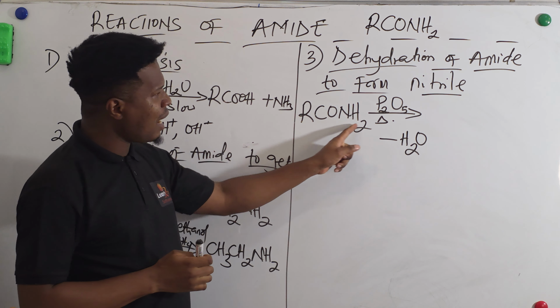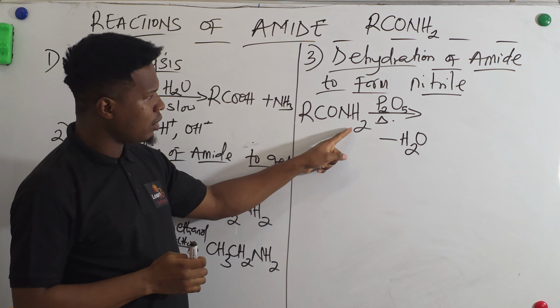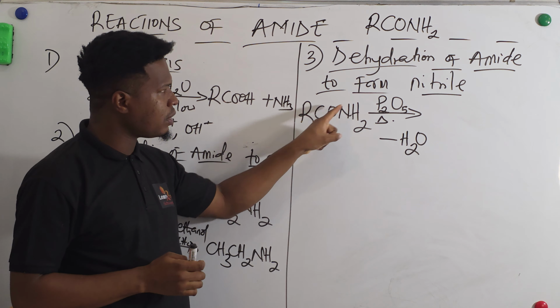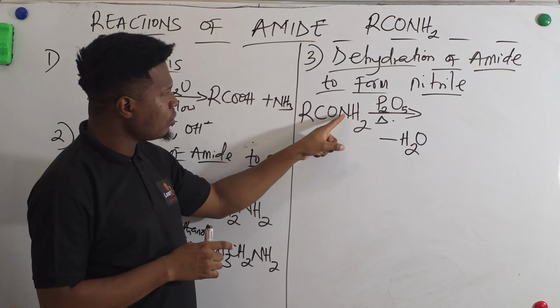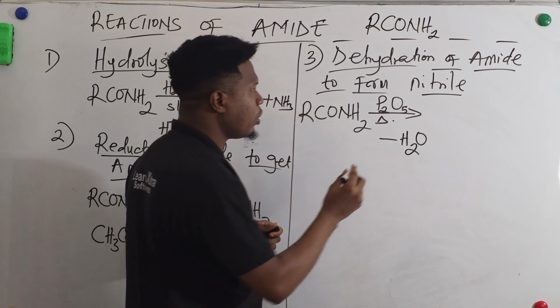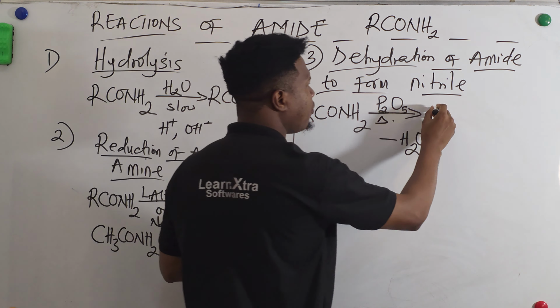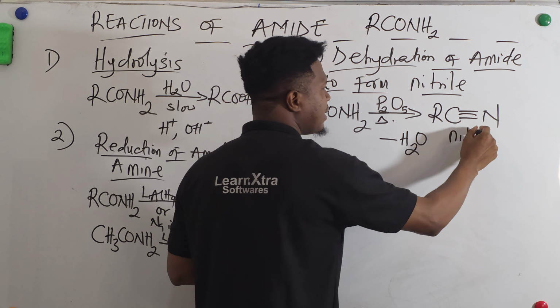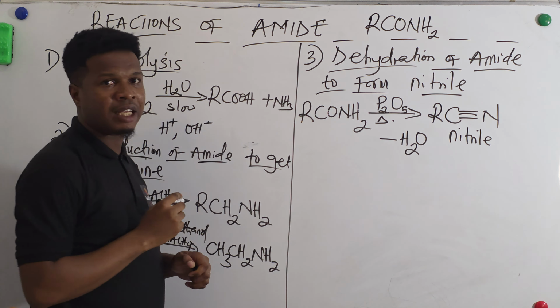If you look at this amide, you definitely see the water, H2O. So just remove it. When you remove it, the carbon to nitrogen here is a triple bond. So you're going to have RC triple bond N. This kind of functional group is what we call nitriles. So this is going to give us a nitrile.